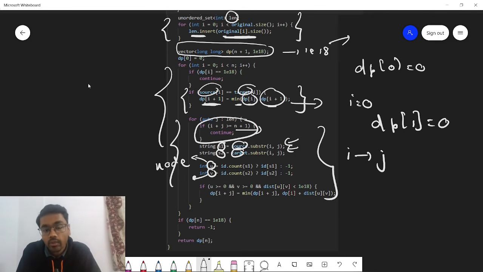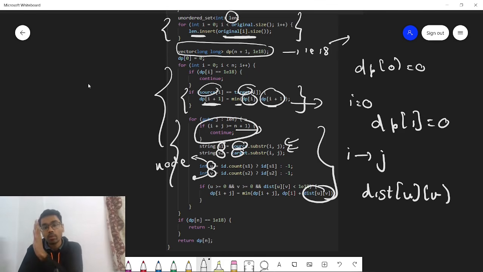Now if these nodes exist, then only do we compute the minimum, otherwise it is not possible to do the transition. If these nodes don't exist, that means there can't actually be a transition from u to v. But if the transition exists, then the cost will be distance of u comma v plus whatever is the previous minimum that we have.